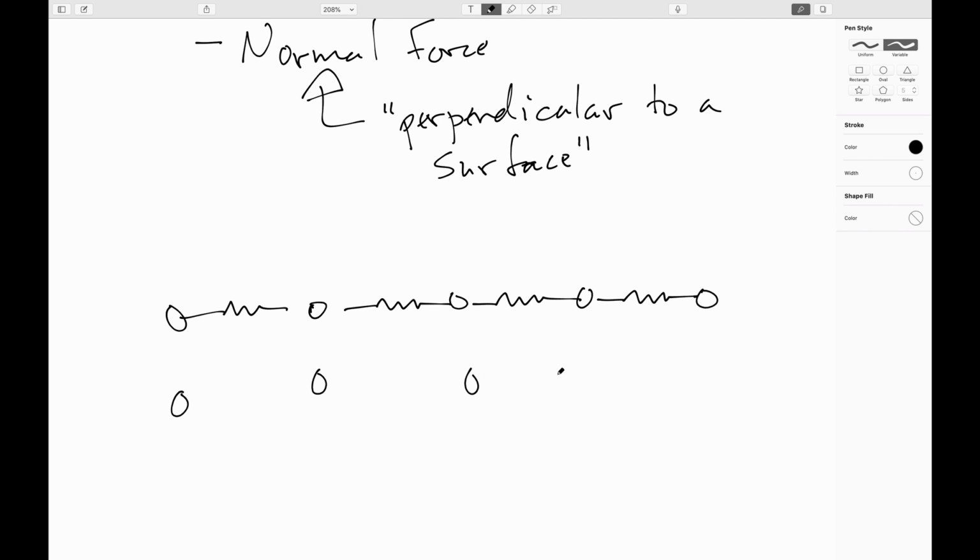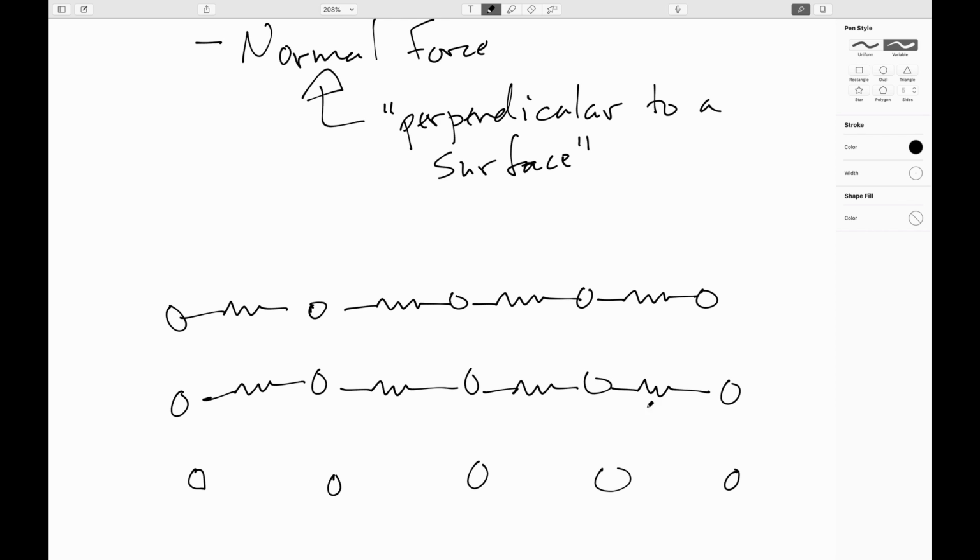And what I'm drawing here schematically is that for things like molecules in a solid, they interact with each other via the electric force in a way that can be very accurately modeled by basically pretending that they're a bunch of balls that are connected by a bunch of springs.